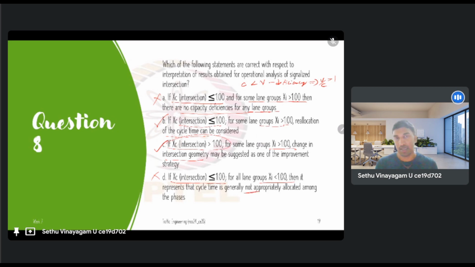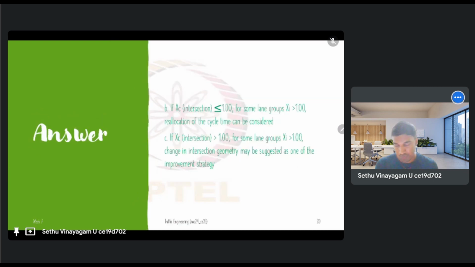Because the cycle time is appropriate for all the phases, we have the critical v by c less than 1. So there is no issue with our cycle time allocation. But this says that it is the other way, so therefore D is also incorrect. So the only correct statements are B and C. And so B and C is the right answer.